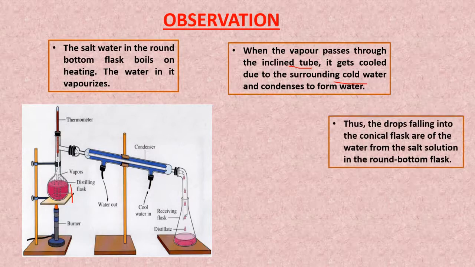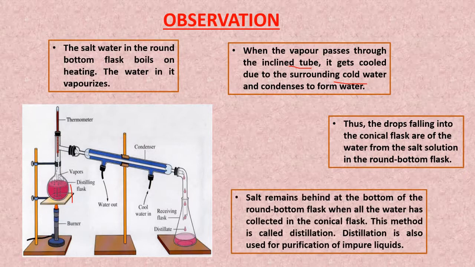So that is why the droplets fall into this conical or receiving flask, because the water vapor has condensed into water. So from this experiment, we have understood how the water is separated from salt water solution.